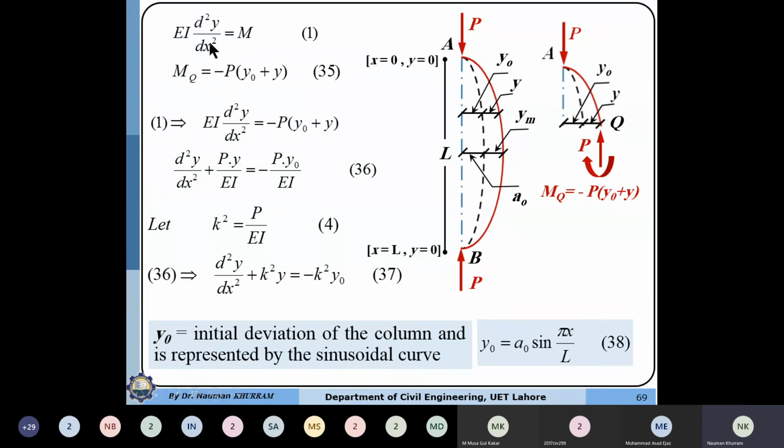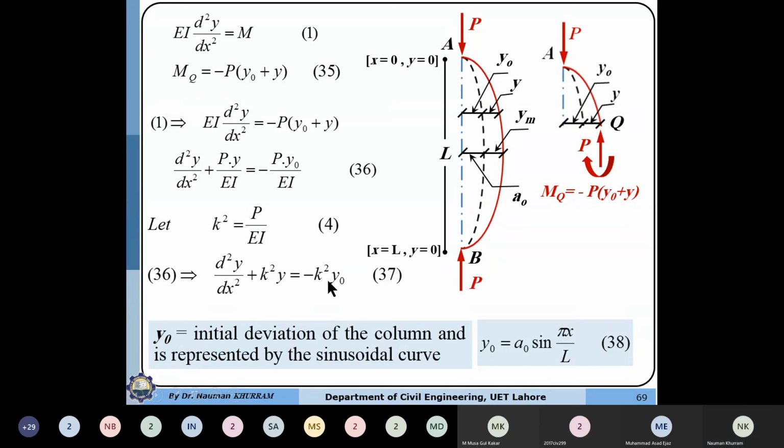So again, the derivation is simple. We have to use the flexure equation, substitute the moment from here, and after simplification we will have equation number 36. In equation 36, replacing P over EI by K square, we will have equation number 37.